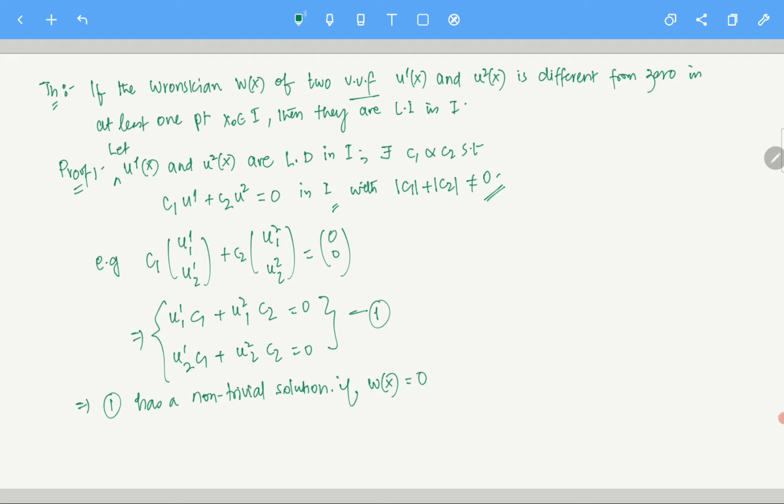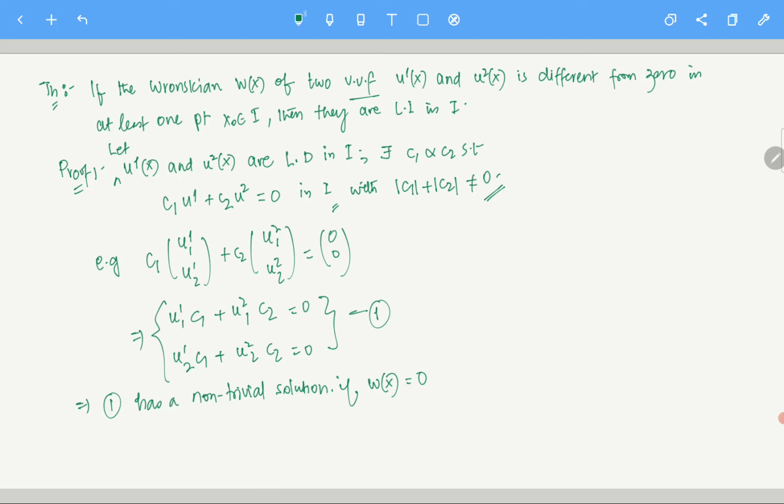Is this clear? See, the argument is this: if they are linearly dependent, this relation C1 U1 plus C2 U2 equals 0 in I holds for at least some C1 or C2 non-zero, right?